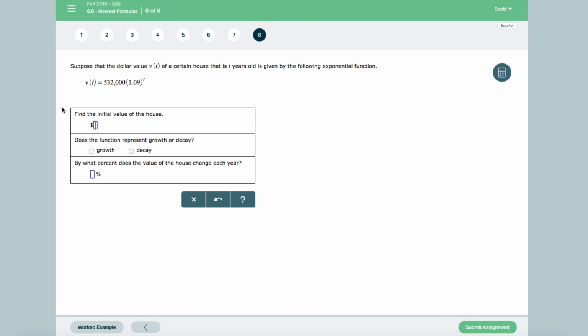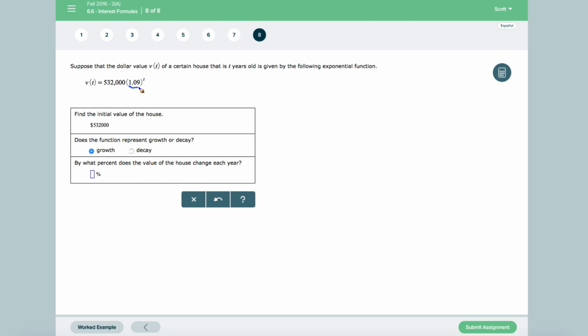Another one, very similar. Here's the equation. What's the initial value? It's right here. So 532,000. Is it growth or decay? Well, this number is bigger than 1, so it's growth. By how much? To figure that out, we take the larger of that number or 1.0.